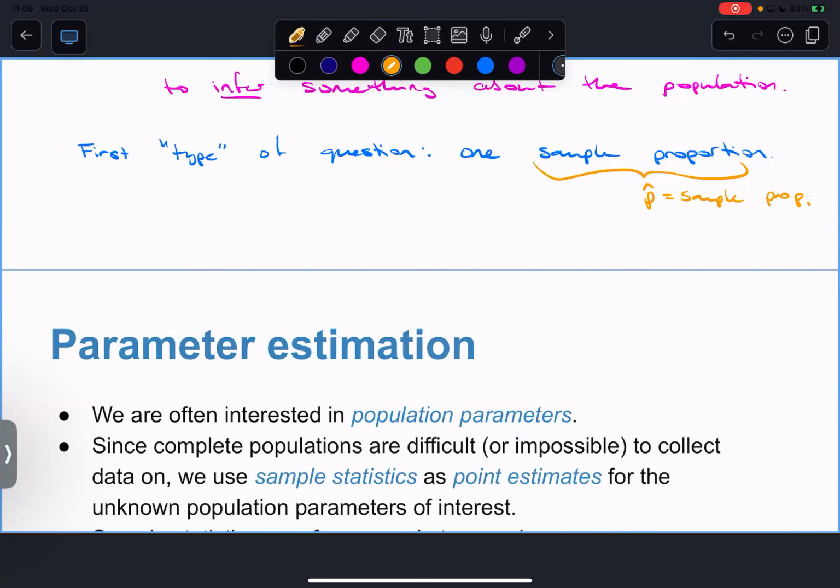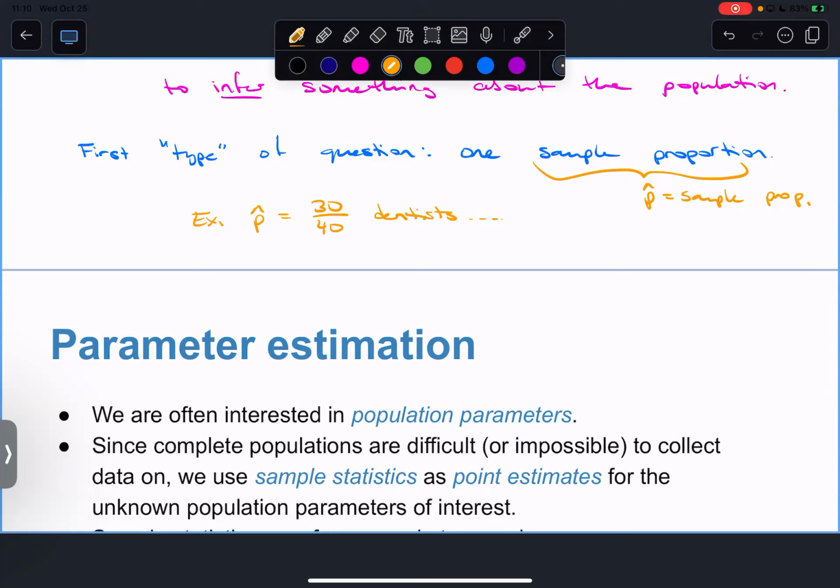I don't know, who cares, right? That would be a proportion. For example, p hat might be 30 out of 40 dentists recommend Colgate or Crest, who cares. That's going to be a sample proportion.